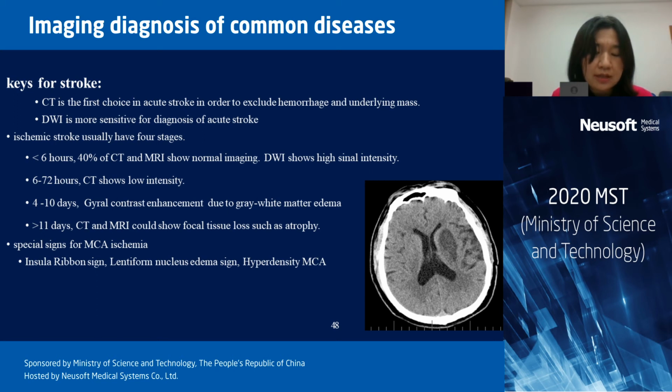From 4 to 10 days in subacute stage, there is contrast enhancement due to gray-white matter edema. If time is more than 11 days, in chronic stage, CT and MRI could show focal tissue loss, such as atrophy, cavitation, focal ventricular dilatation.